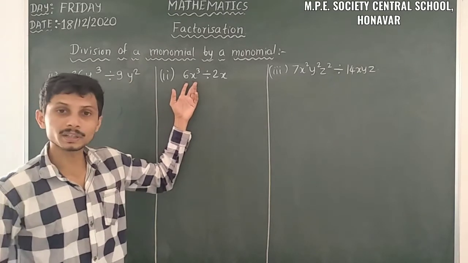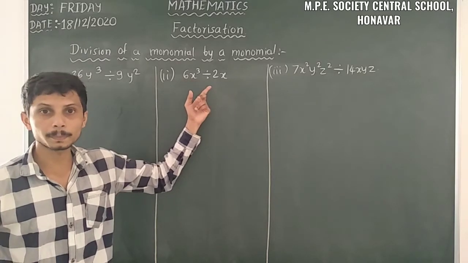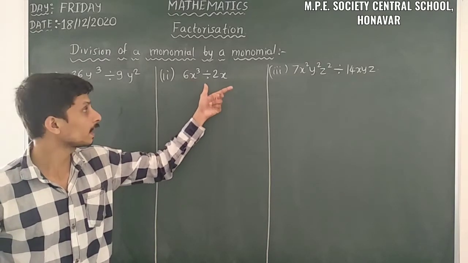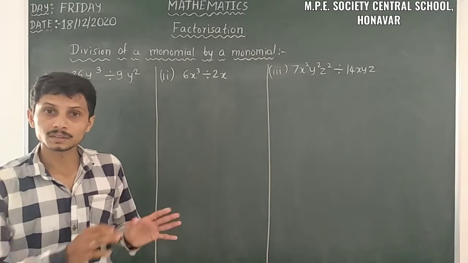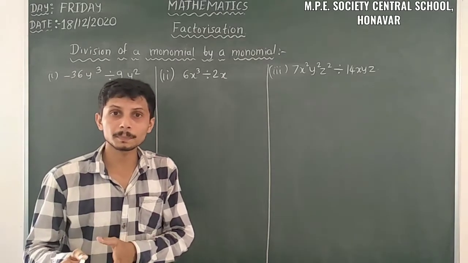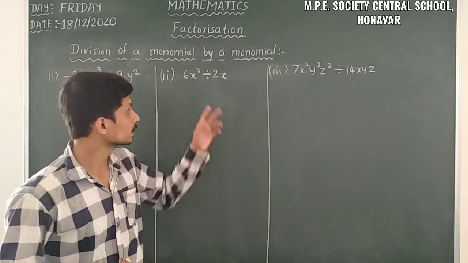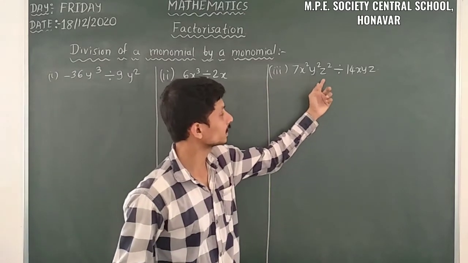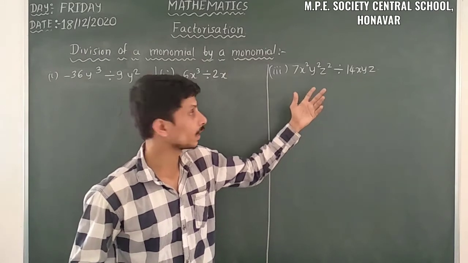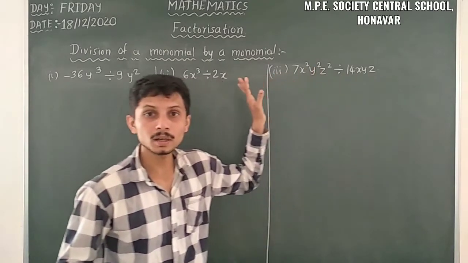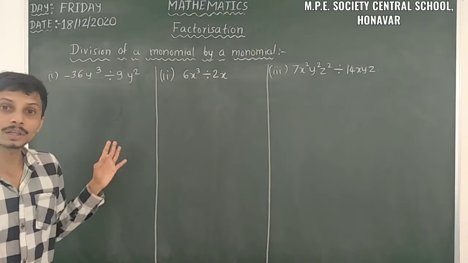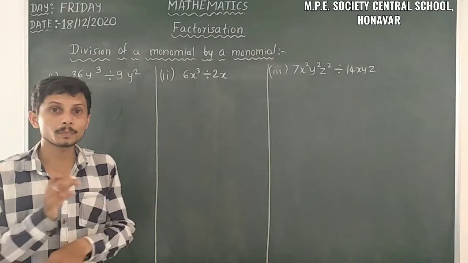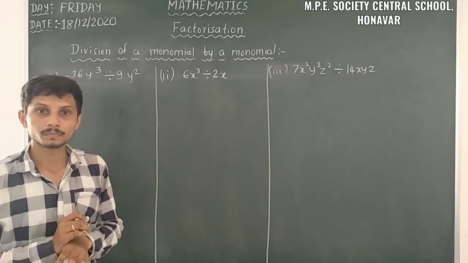And 6x cube and 2x, the constant and variables are multiplied, so those two are monomials. And 7x square y square z square is also a monomial, and 14xyz is also a monomial. So here we have to do the division of a monomial by a monomial.